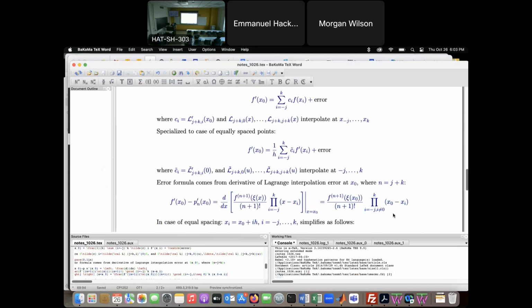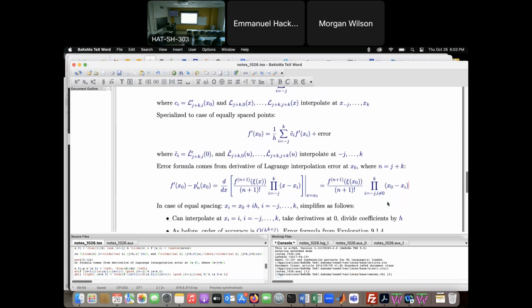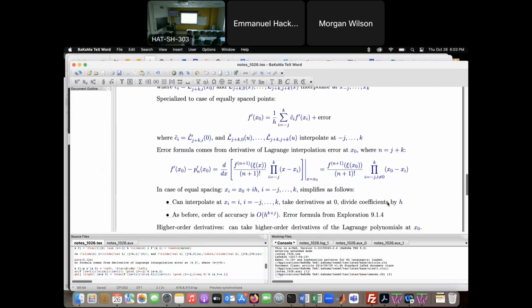Now this error formula right here, again, does not assume that the points are equally spaced. Now, in the case of when they are equally spaced, this error formula does simplify.